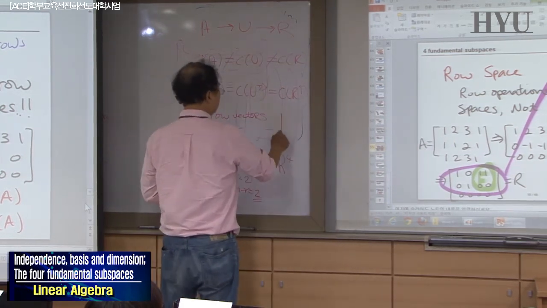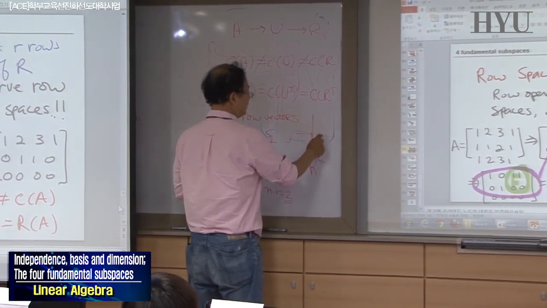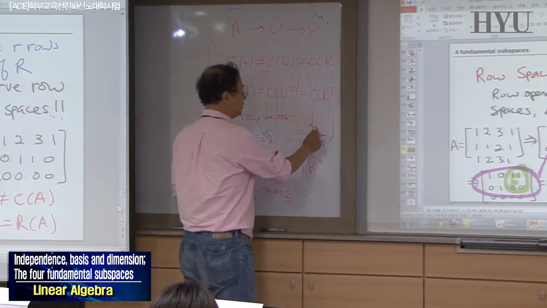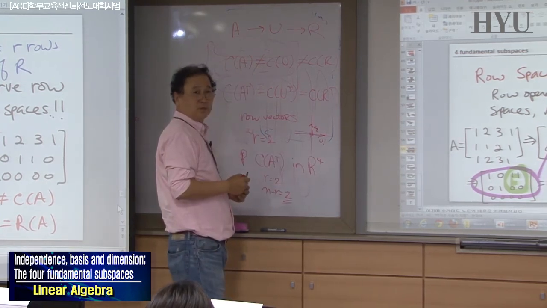Like when you're in two dimensions, I can have V1 and V2. That's one way I can find the basis vectors.